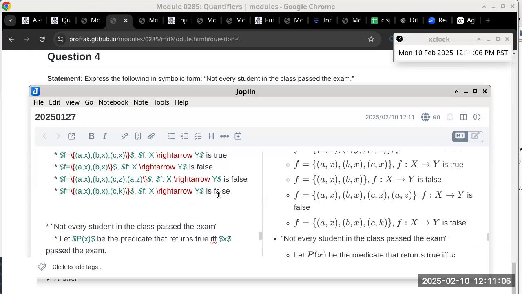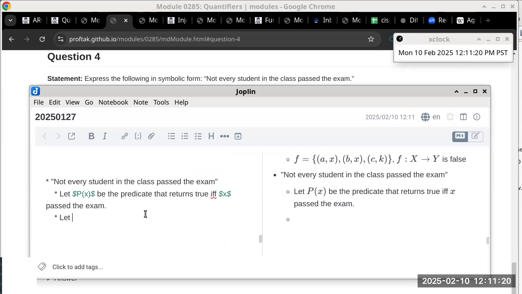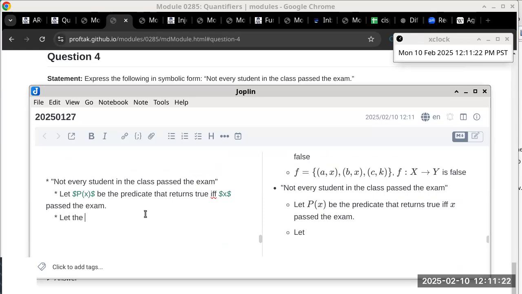Now you can reverse this one easily, right? Because you can just put a negation. But P of X means the student passed the exam. Let me scroll on the other side because you guys are reading on the right hand side, not the left hand side. There we go. And we'll say let the set of all students in the class be C for class.